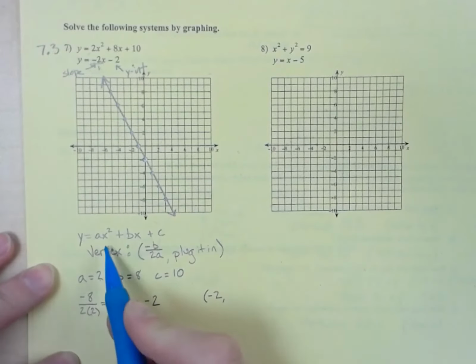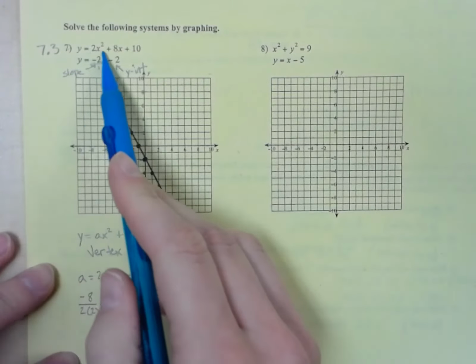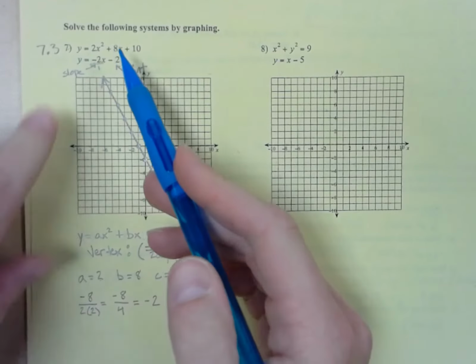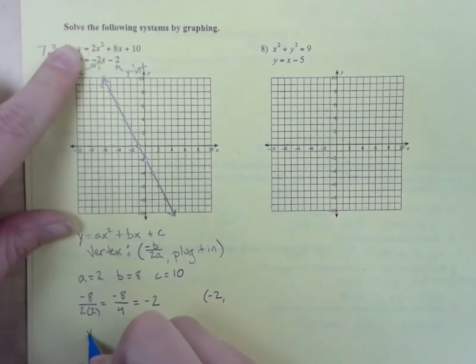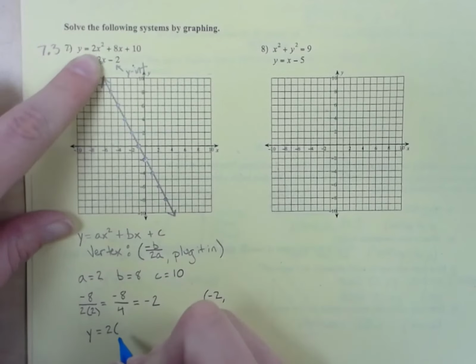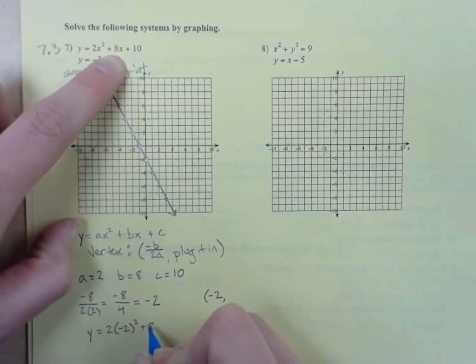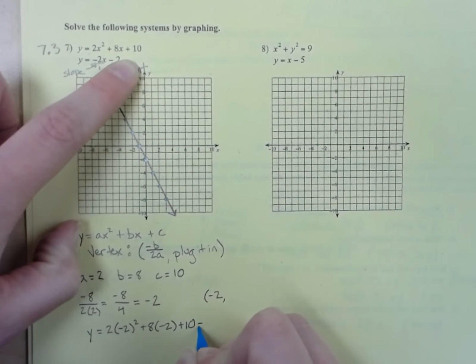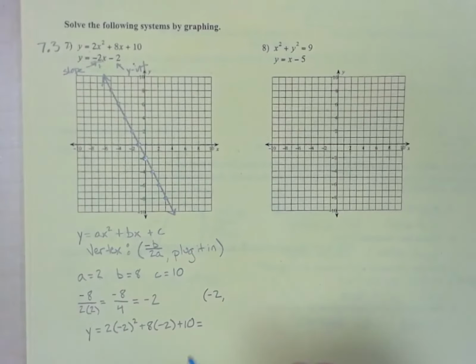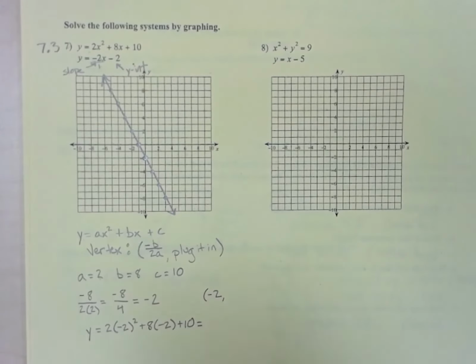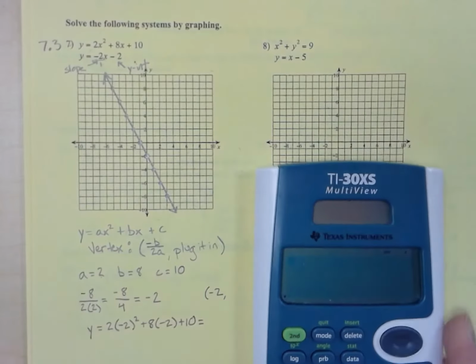And just keep that over there. To find the y coordinate, I'm just going to plug it in to this equation up here. So that's going to be y equals 2 times -2 squared plus 8 times -2 plus 10. I could solve that by hand, but this is why we have calculators, to make our lives easier.